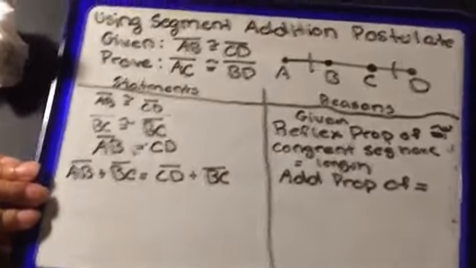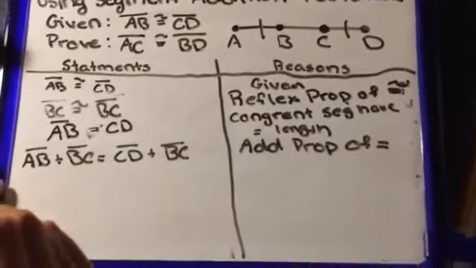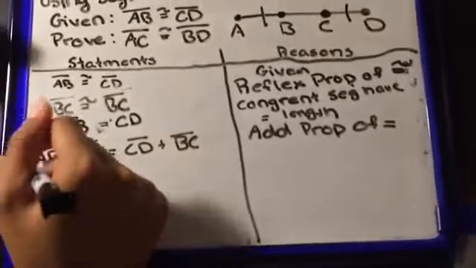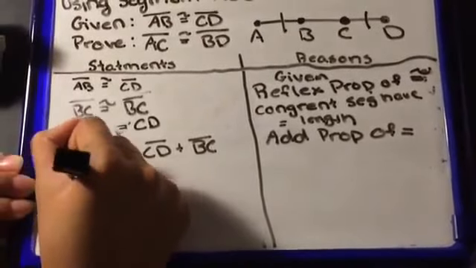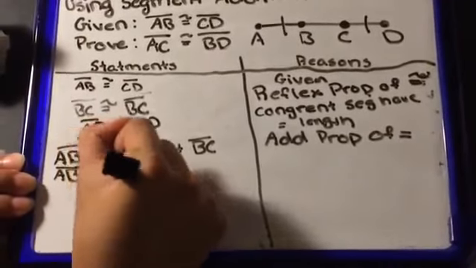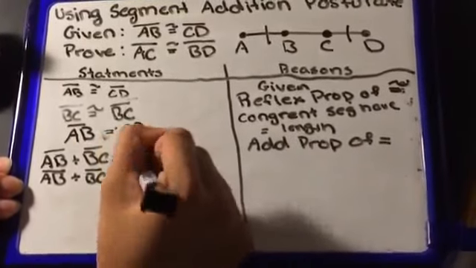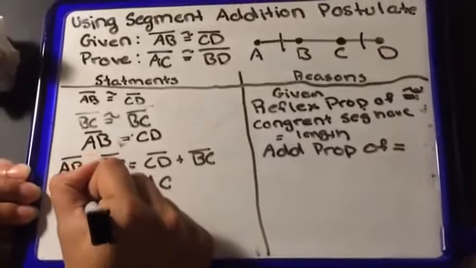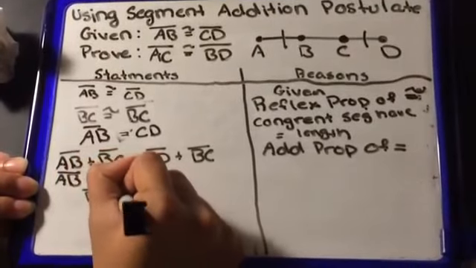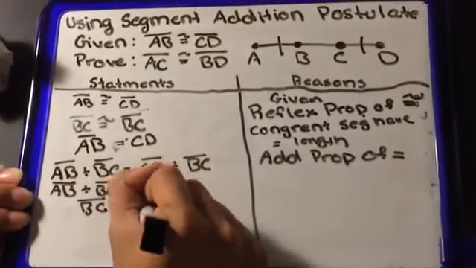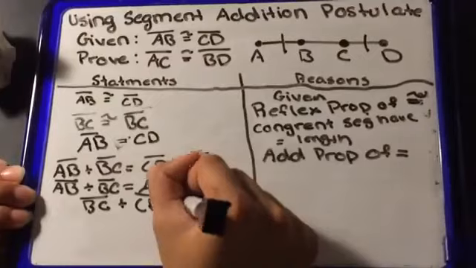And using the segment addition postulate, we could say that segment AB plus segment BC is equal to AC, and that segment BC plus segment CD is equal to BD.